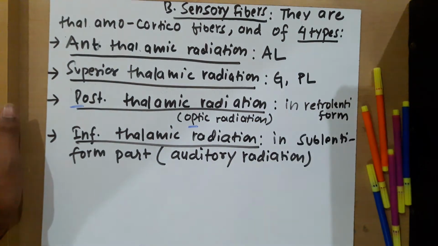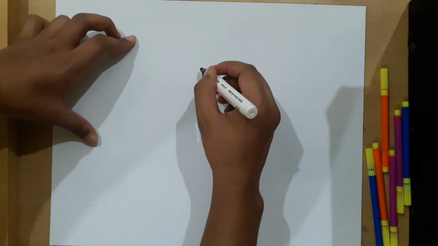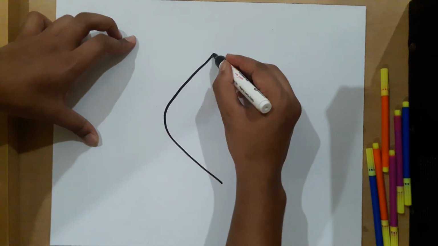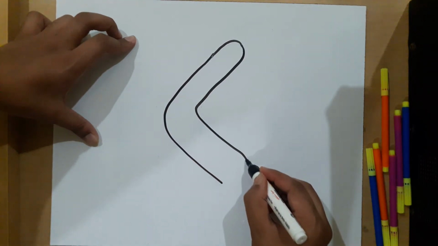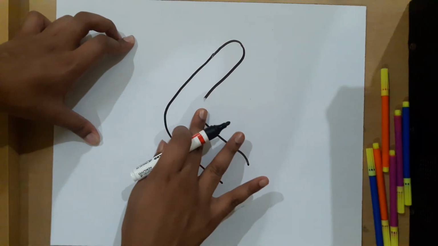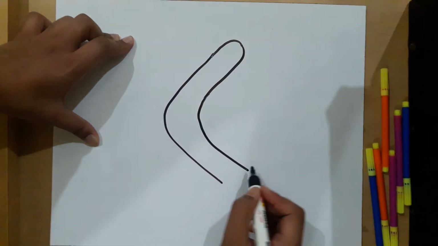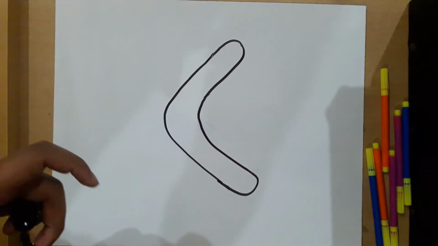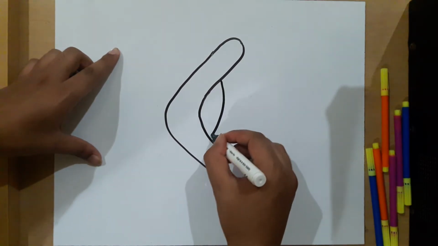Now we shall draw a figure through which we can locate these fibers. Let's draw the internal capsule once again, as we have already seen it in the previous video, part 1. It will also help in practice and to locate the fibers. We have the lentiform nucleus on the lateral side.